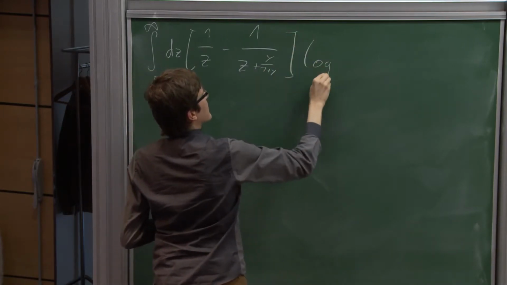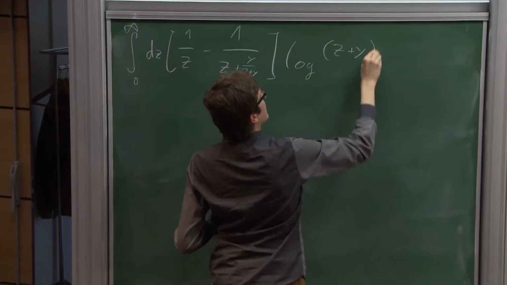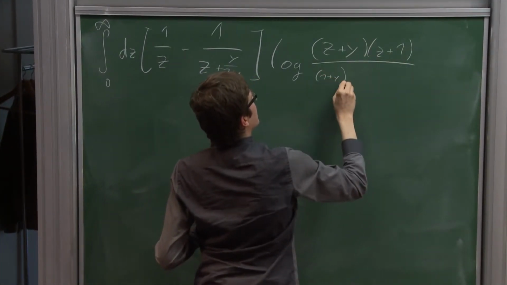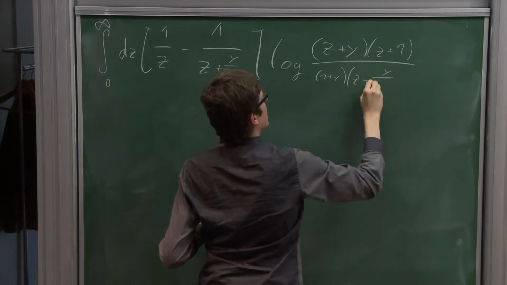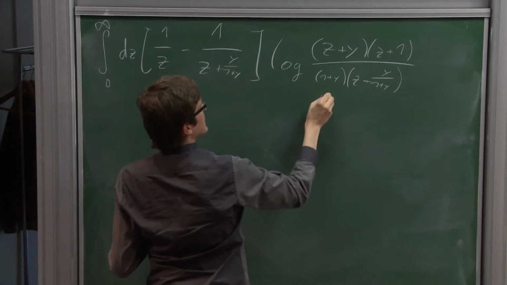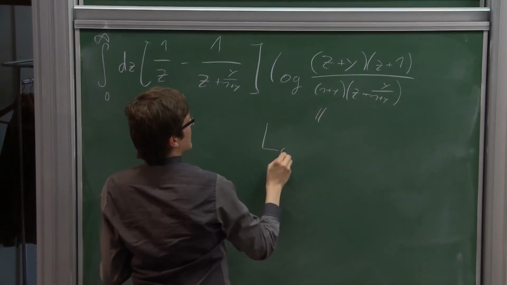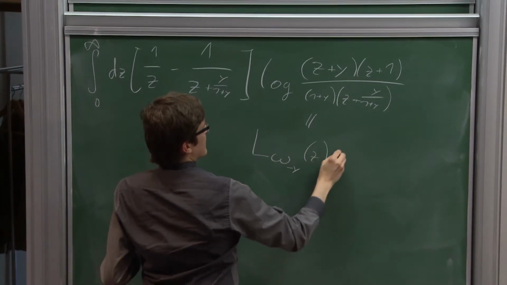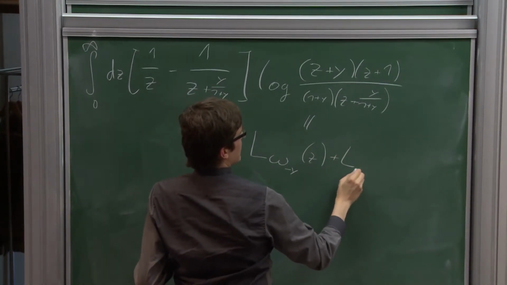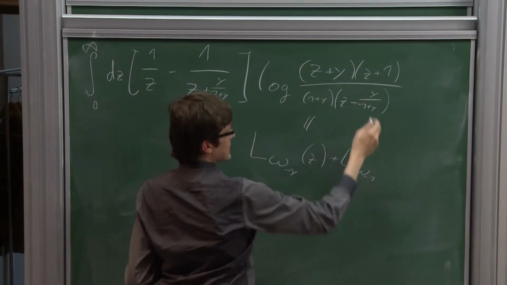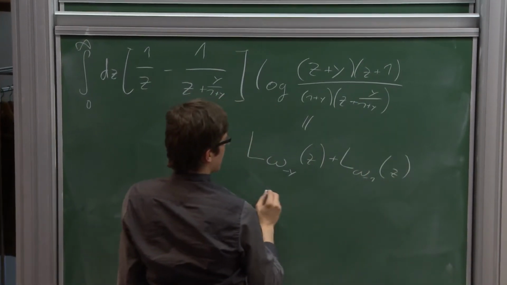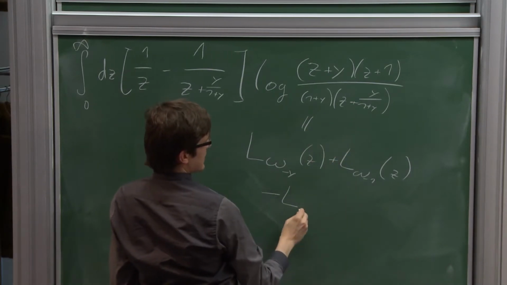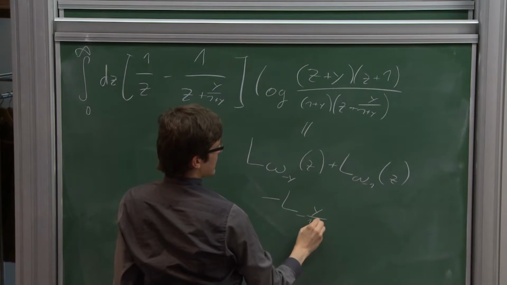This logarithm is nothing but L of omega minus y: I have the logarithm with singularity at z equals minus 1, and in the denominator the logarithm which has its singularity with respect to z at minus y over 1 plus y.